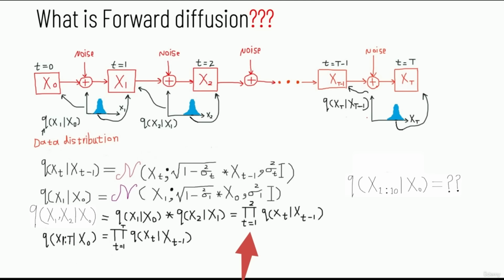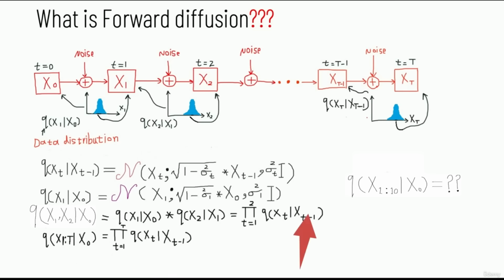So here we will write pi from time step 1 to 2 of q of xt given xt minus 1, which is equal to this multiplication here. In general, if we want to find the joint distribution of x1 to capital xT, we just need to multiply all the intermediate conditional distributions of each xt given xt minus 1.